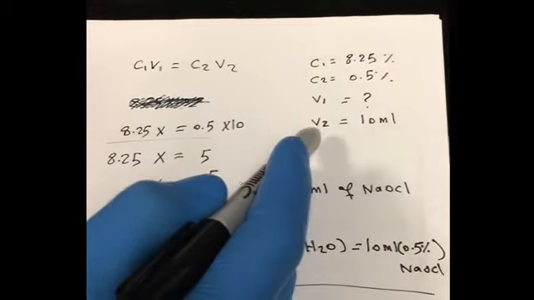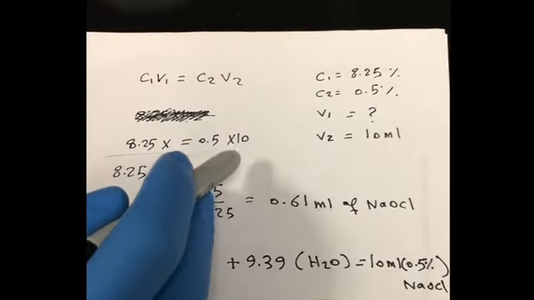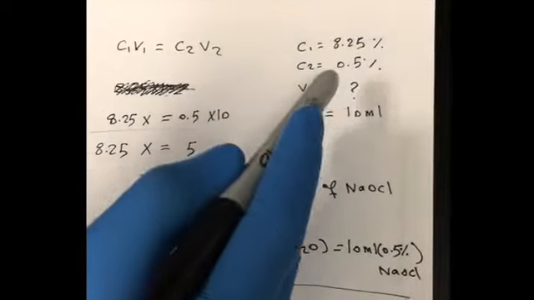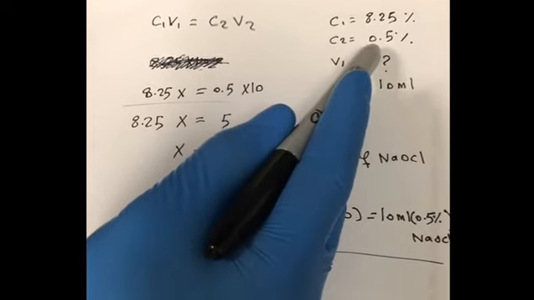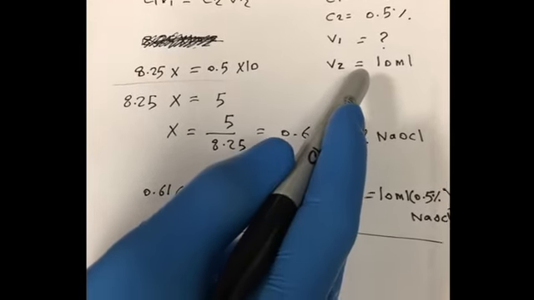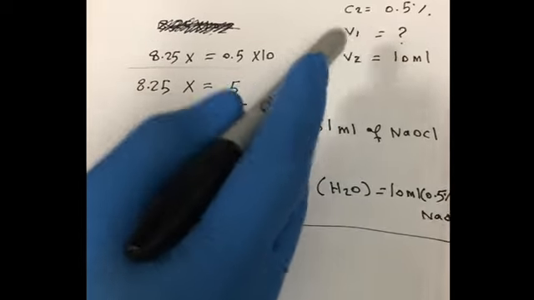In our situation, we want to prepare 10 ml of 0.5% sodium hypochlorite. We have the stock concentration 8.25%, the final concentration 0.5%, the final volume of 10 ml, and volume 1, which is what we try to figure out.